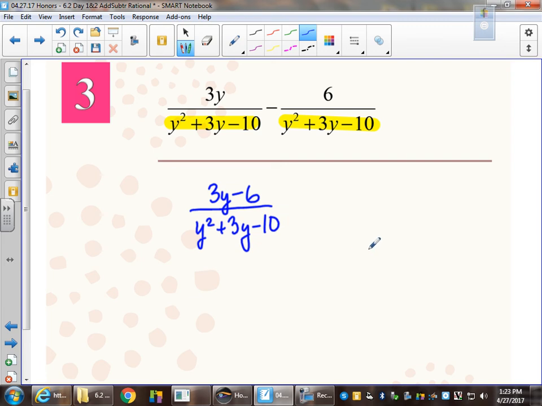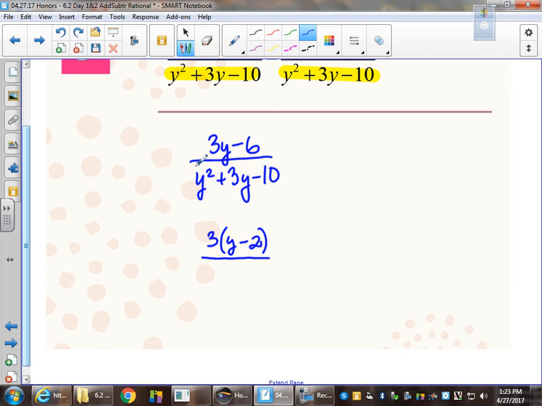Are we done? Well, think back to simplifying. If I ask you to simplify, up top we have a GCF, which is 3. So when I factor out a 3, that leaves behind y minus 2. And then factoring the denominator, a is 1, so factors of negative 10 that add to 3. That would be 5 and 2, where 2 is negative.